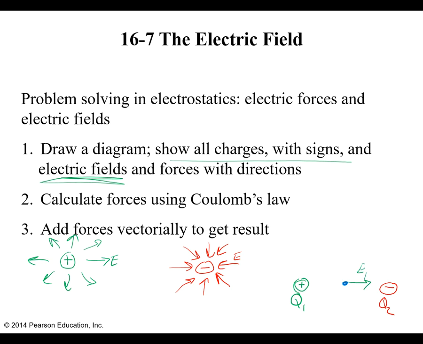Because of charge 2, charge 2 is negatively charged, meaning all electric fields are attractive, pulling in towards it. So all electric fields are pointing in, therefore at this point you're going to have some E2 pointing in towards Q2. And so there's the diagram.